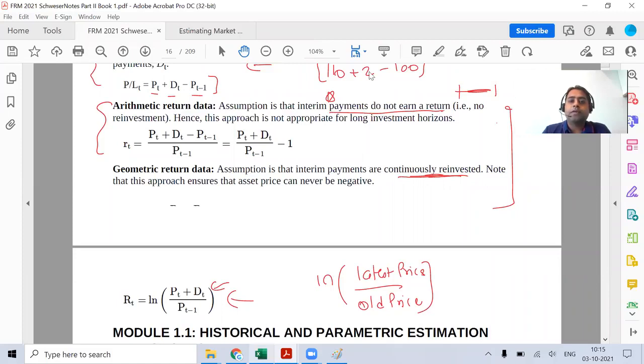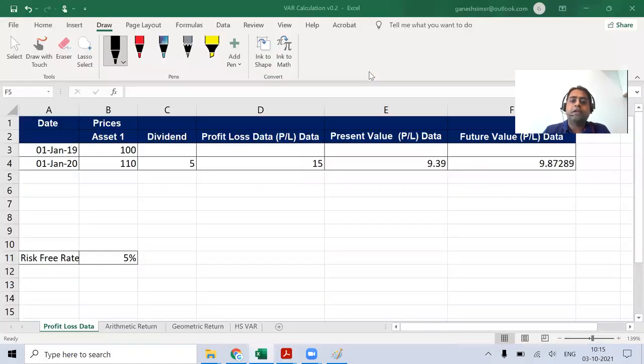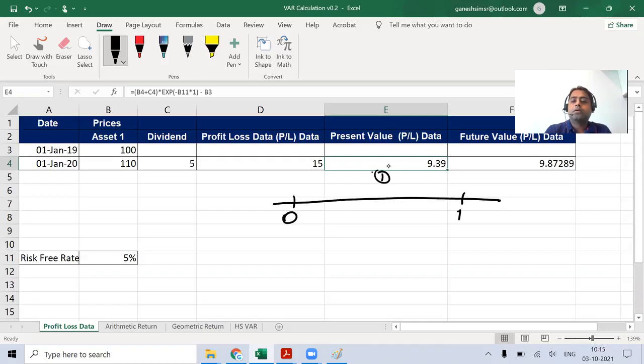Gaurav, answering your query: why was the present value not equal to the future value of 100? See the first example that we are talking about. We are bringing this back to over here. Whatever that value is, if we do the present value, let us assume that present value is X, then you will take this as the answer.